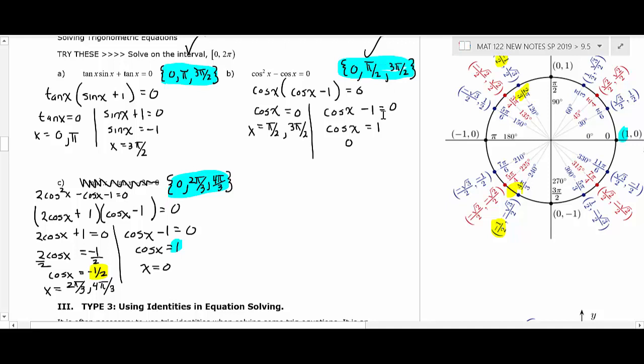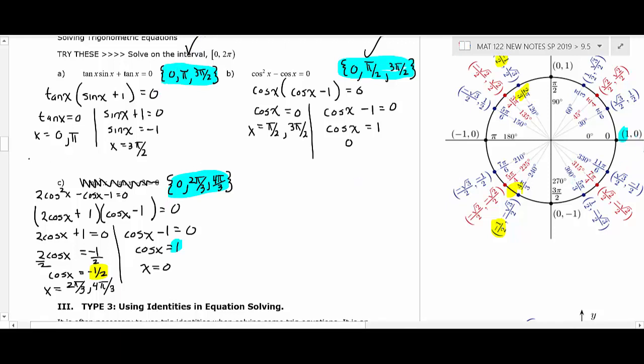Okay, so you can go ahead and check and see if you did these okay. The key is factoring, and I'm just going to close off this video after this, and I'm going to do a separate video for the third type of equation. So this one, you should have factored a tangent out. You'd have tangent x times sine x plus 1, set each factor to 0, and then when you get tan x equals 0, that happens at 0 and pi, and the reason is because of y over x.